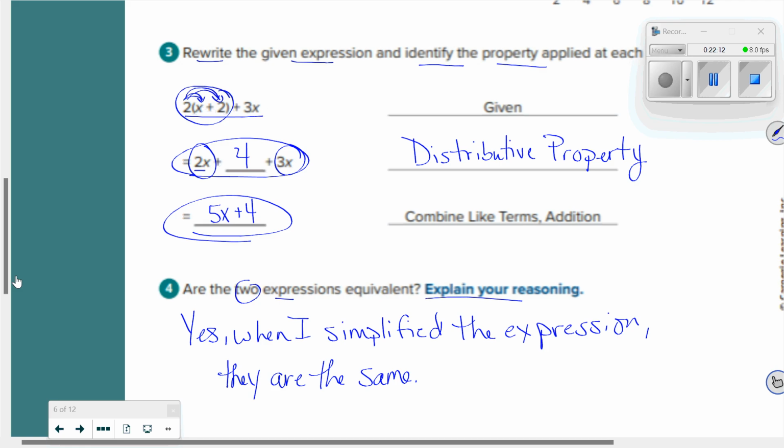So when I simplify it, when I combine all the like terms I can, when I utilize all the mathematical properties, if I write the exact same thing, they're equivalent. So in simplified form, the expressions are the same, they're equivalent. In a graph, if I draw the lines and the line is in the exact same spot, they're equivalent. In a table, if I have the same input and I get the same answer, they are equivalent.